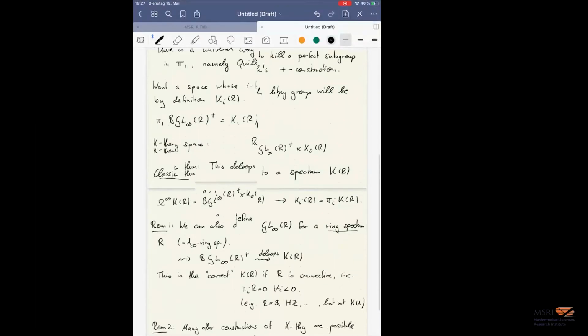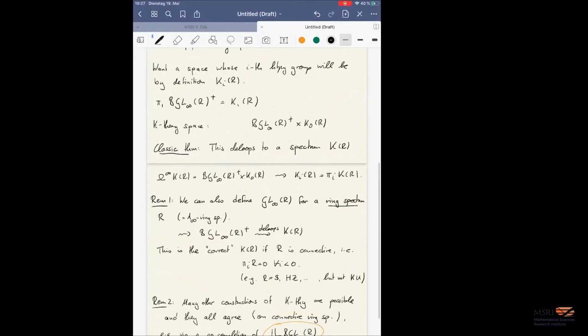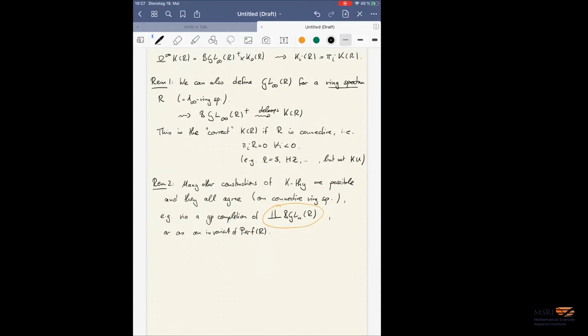So let me come to one of the basic properties of algebraic K-theory, namely that it's very difficult to compute. I already motivated that we want to compute it because so many different constructions lead to the same thing, but it's actually hard to compute.